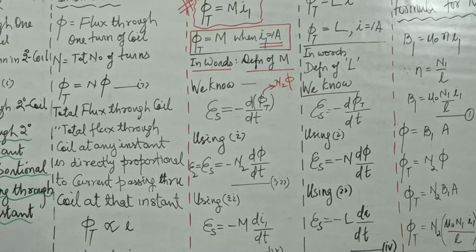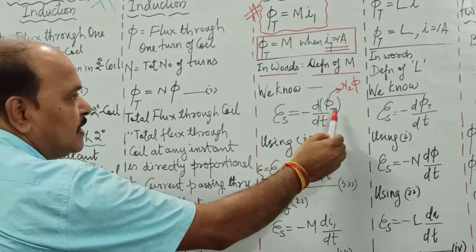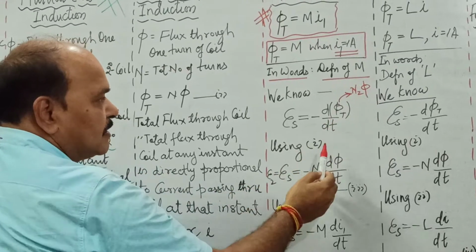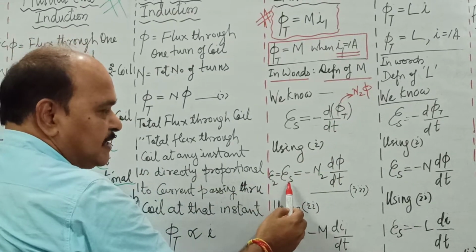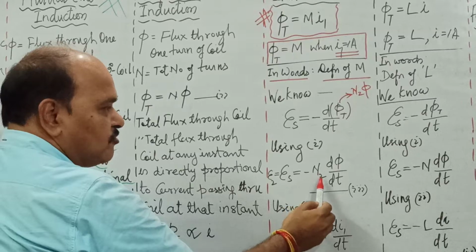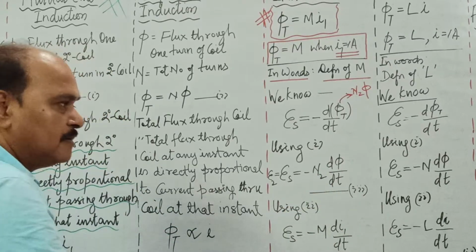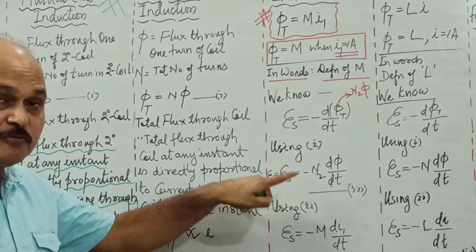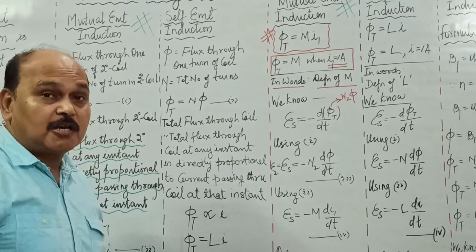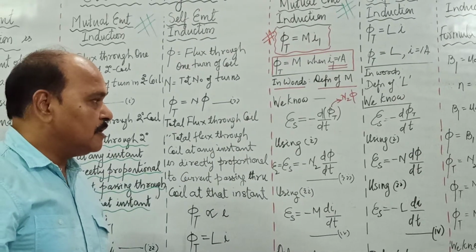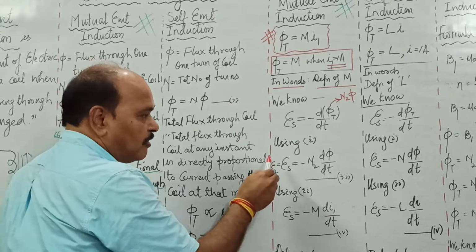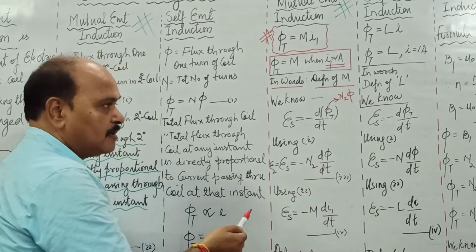If we substitute for phi, N2 into phi, what do we get? Induced EMF in the secondary coil is minus N2 times d phi by dt. This equation we are going to use when we study the transformer.